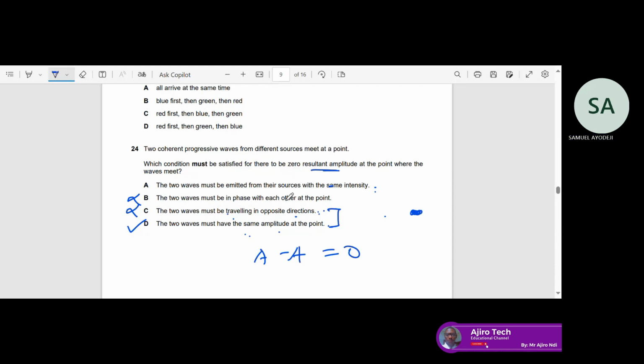Wait, where is this one? Okay, let me see how much time is left.